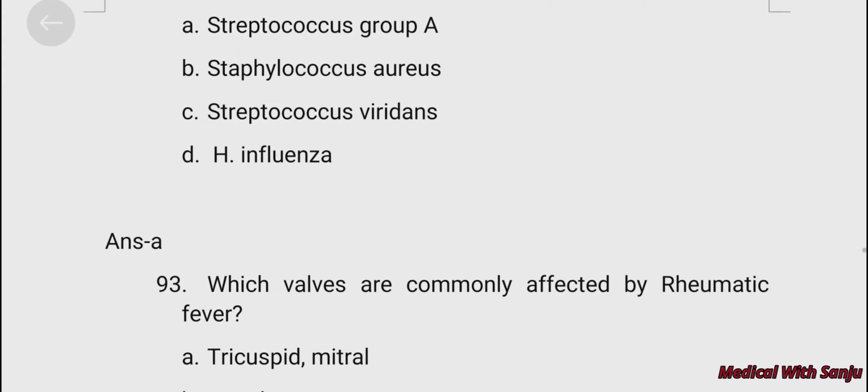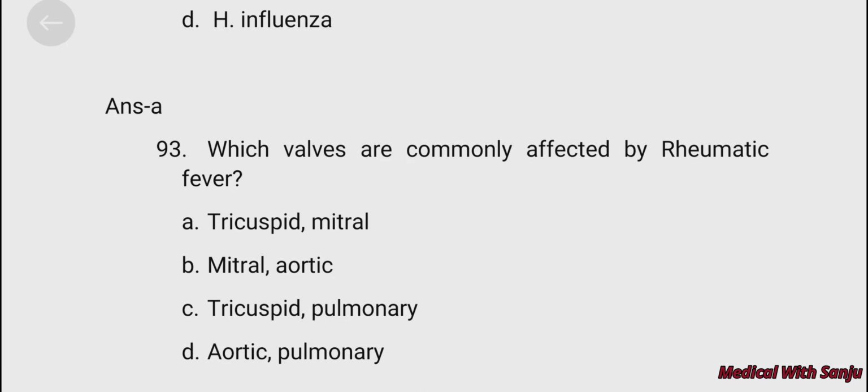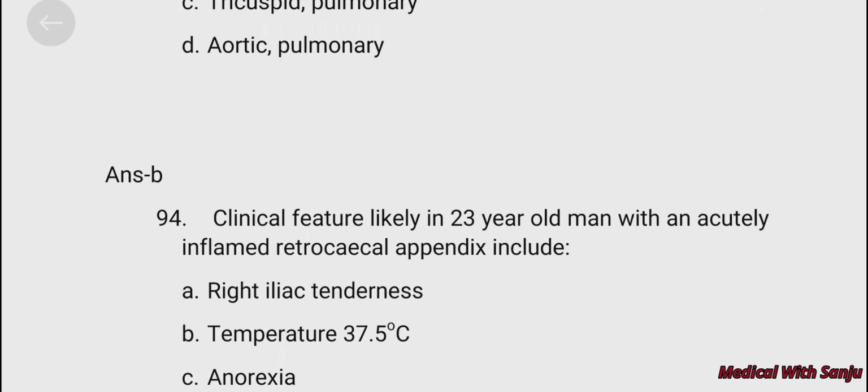Option A is the right answer. Question number 93. Which valves are commonly affected by rheumatic fever? Option A tricuspid mitral, option B mitral aortic, option C tricuspid pulmonary, option D aortic pulmonary. Mitral and aortic, option B is the right answer.